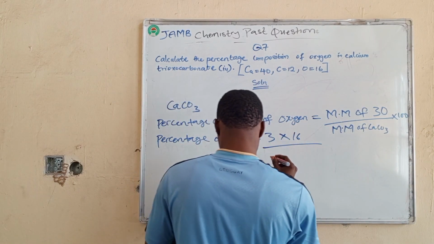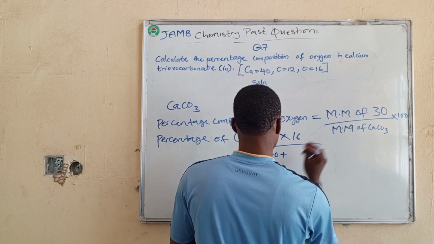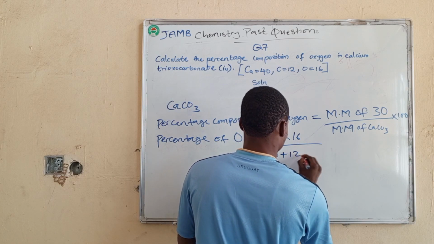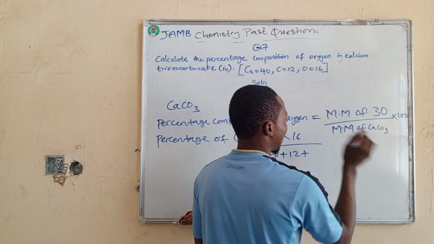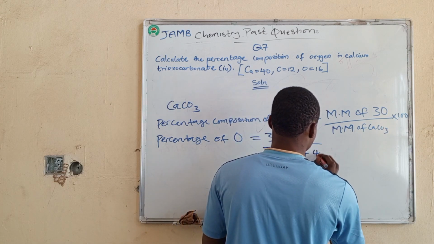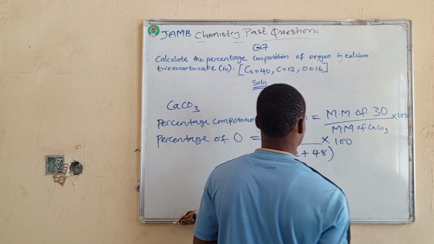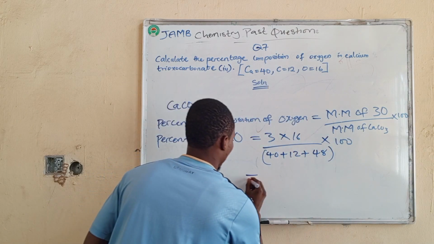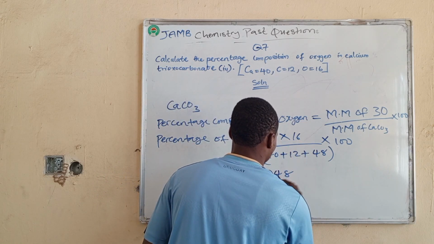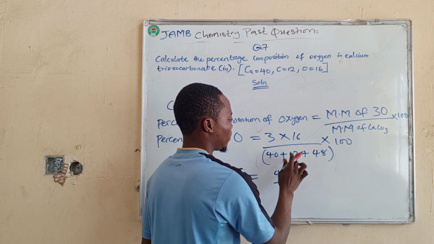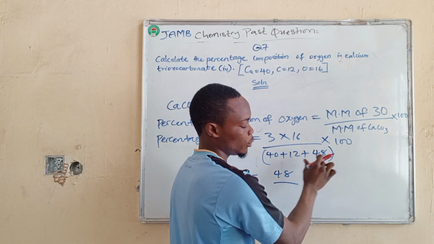Calcium is 40, plus carbon, which is 12, plus oxygen, which is 16 times 3, which is 48, times 100. 16 times 3, we have 48, all over 40 plus 12, 52, plus 48, which is 100.